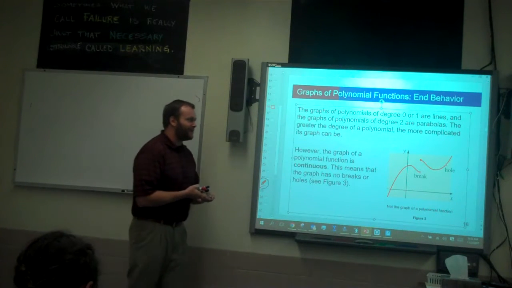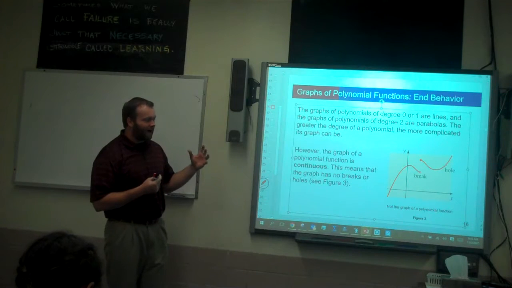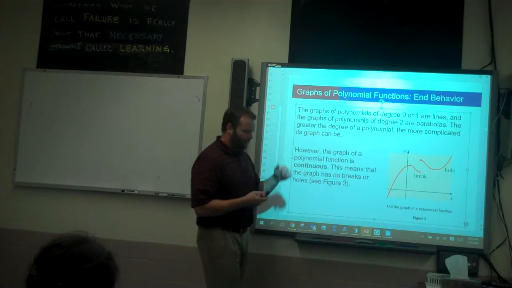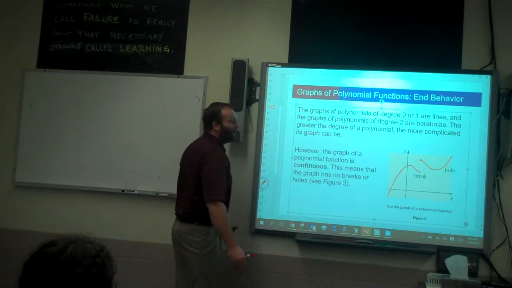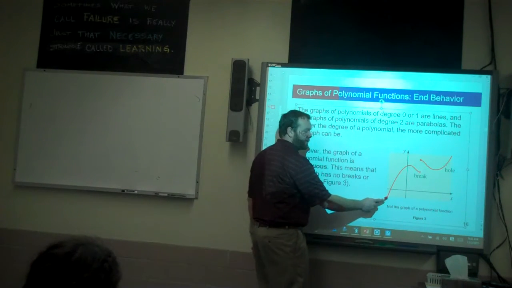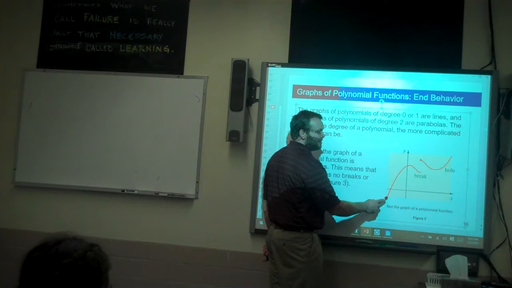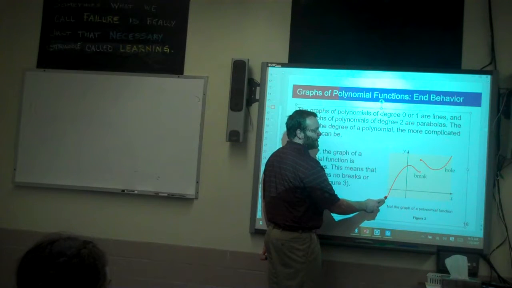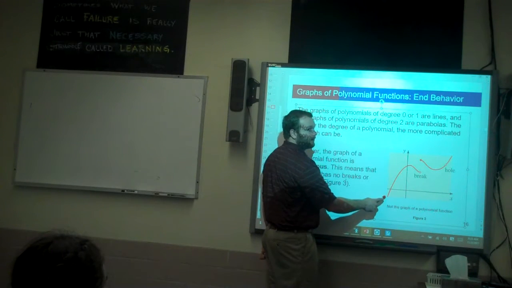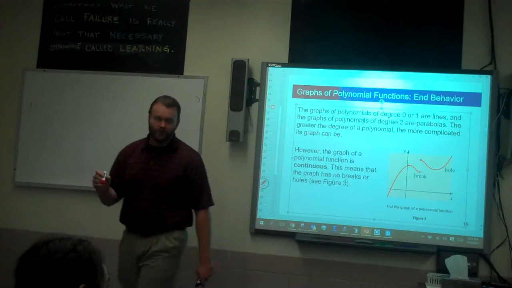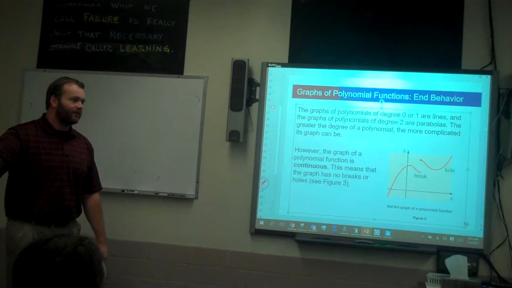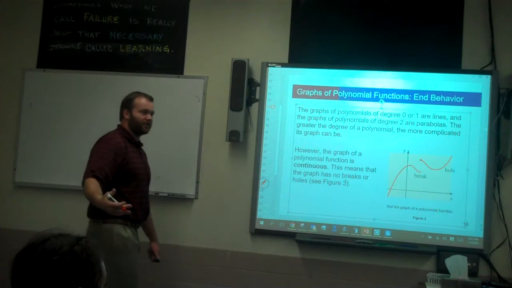What we mean by continuous is, if I were to put my marker on the furthest point to the left of my curve, right here, bottom left, I want to trace the entire curve with my marker. And if I can do that without lifting my pencil to move it to another portion of the graph, I would consider that function continuous.